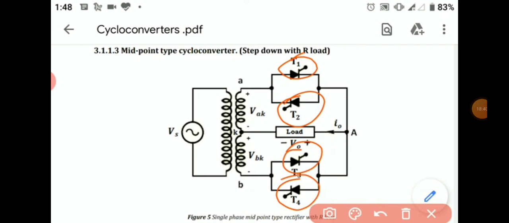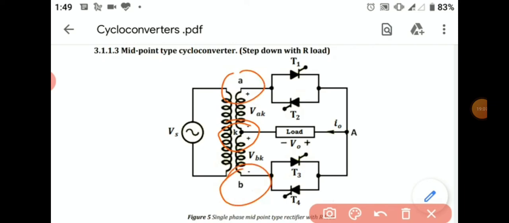Like in case of step up cycloconverter, in midpoint type we have an input transformer. This transformer is a center tap transformer having a center point denoted by point K and two extreme points which are point A and point B.